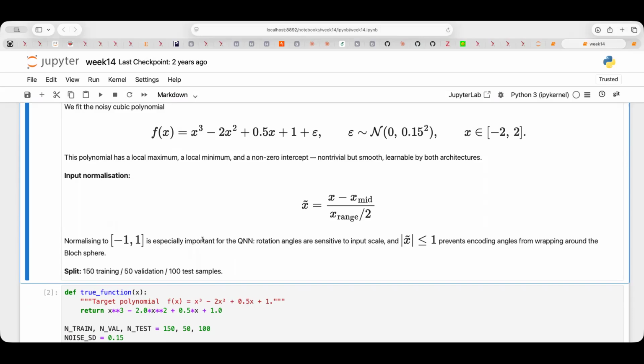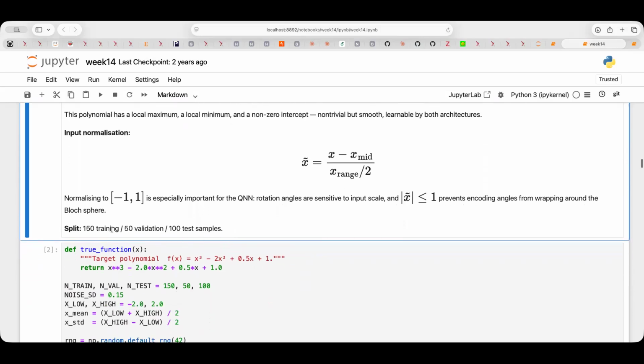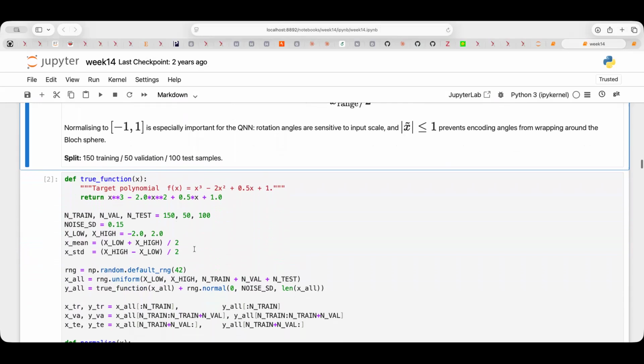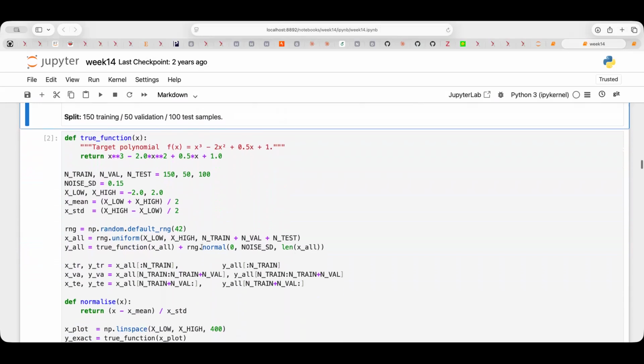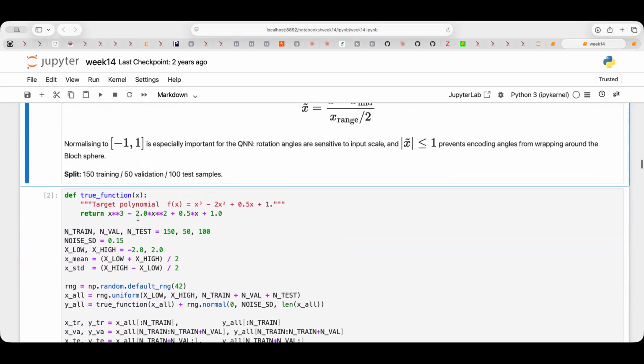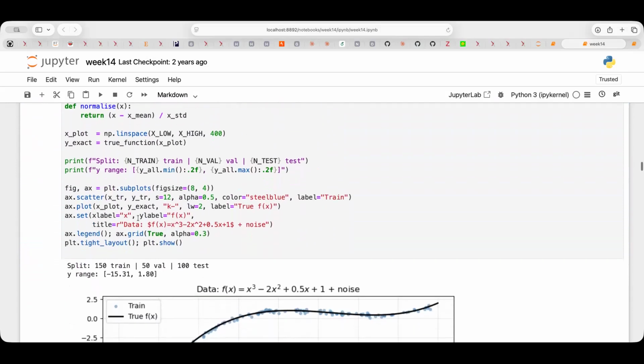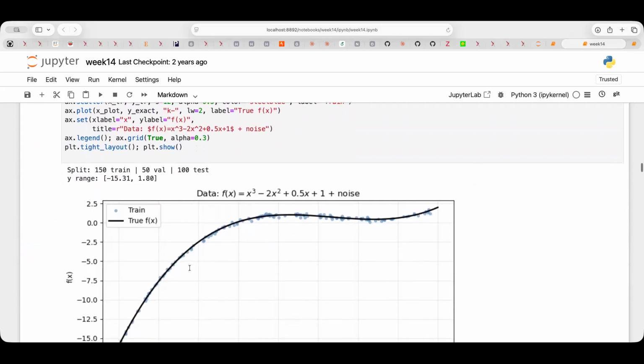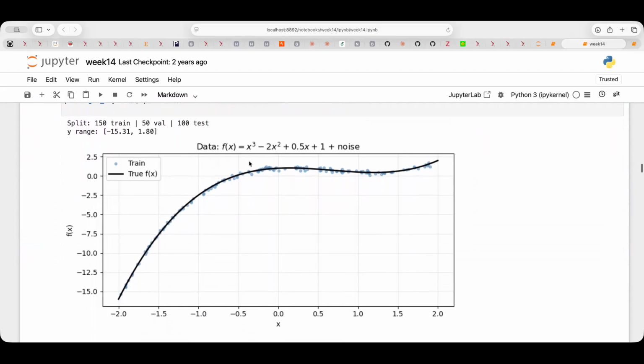So I do the split for the training. I have 150 training and 50 validation points and 100 test samples. This is the setup of my data set here. This is a classical setup of a data set. I normalize the data like I've discussed here, and then I plot the data. So this will be the data which I have.